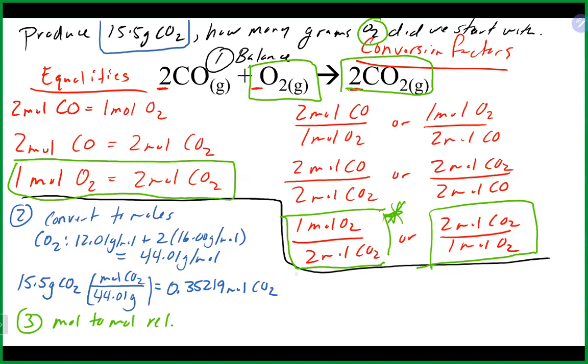And frankly, if you blink your eyes, you might miss it, but we will use it right here. We're going to go with 2 moles of CO2 from the equation giving us 1 mole of O2. That once again is the stoichiometry step, and step number 3 is going to allow us to convert from CO2 in this example to O2.